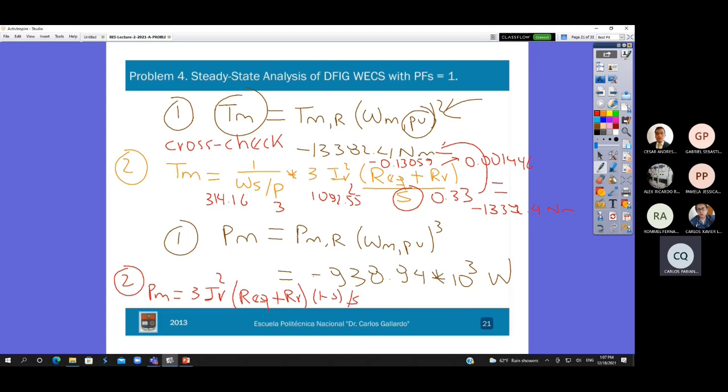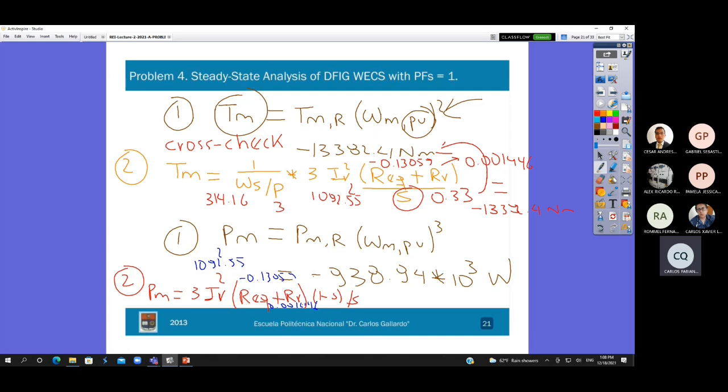Okay, so once again, substituting these values, in this case, I will have the rotor current 1092.55, okay, squared. The equivalent resistance is equal to negative 0.13095, okay. The rotor resistance is this value, 0.001446. And what about the slip? The slip is 0.33.